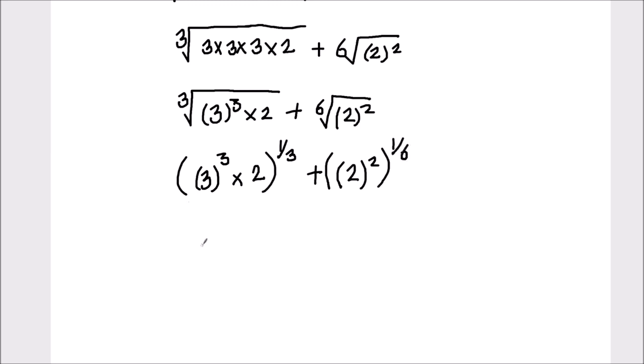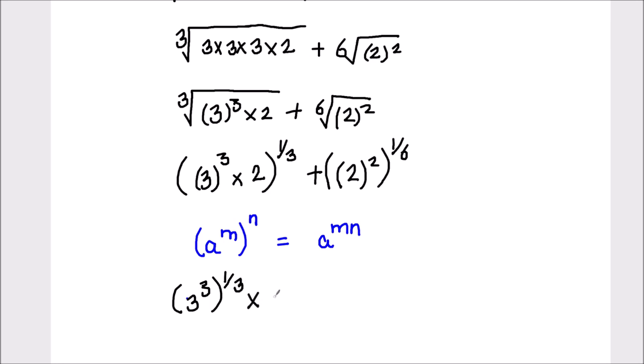We are going to make use of the exponent rule, which is a raised to power m whole raised to power n equals a raised to power m times n. So this will be 3 cube times 1 by 3 times 2 raised to power 1 by 3 plus 2 raised to power 2 by 6.